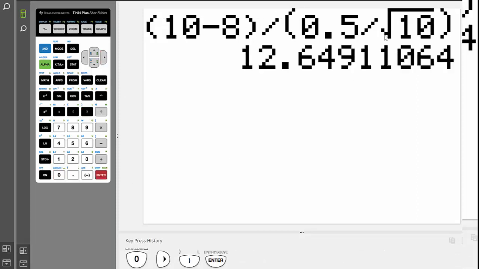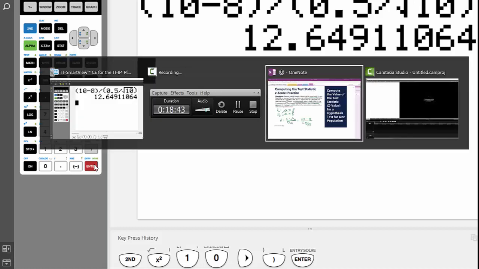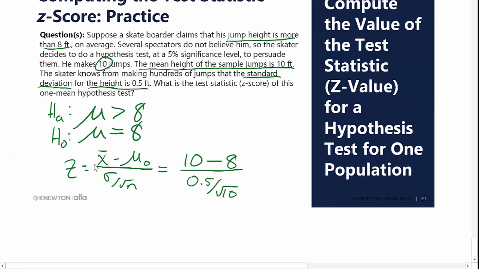Hit enter. To 2 decimal places, we get a z-score of 12.65. And so that is our test statistic.